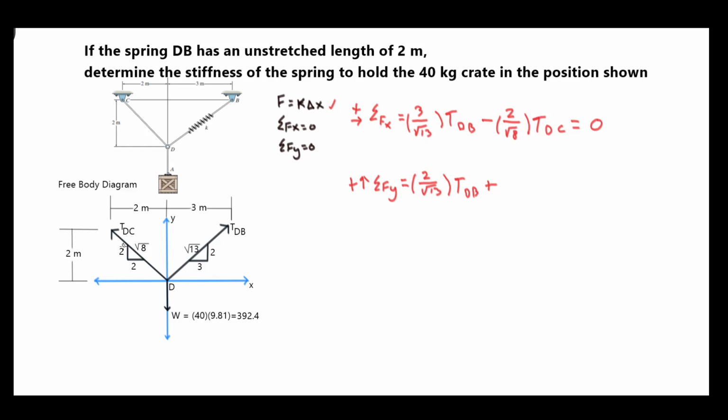And then the y component here is 2, and then we'll divide that over our hypotenuse, which is the square root of 8. So 2 over the square root of 8 for our tension in DC.